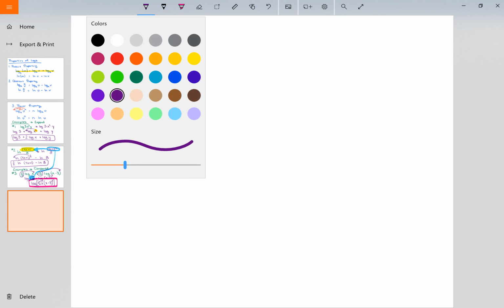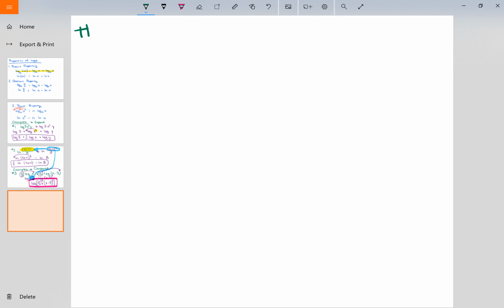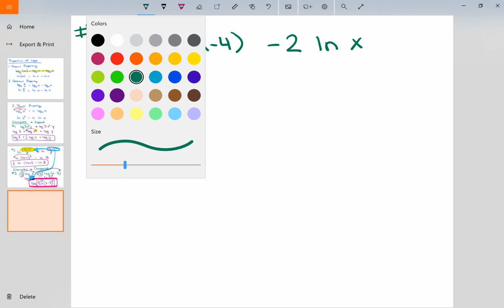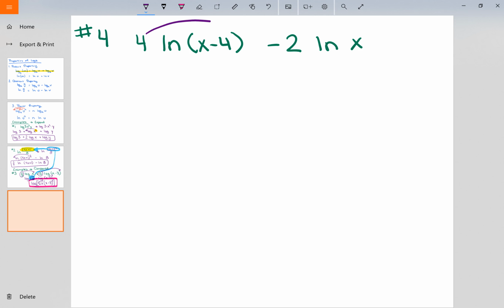Okay, let's look at another one. Call this example 4. So we have 4 natural log of x minus 4 minus 2 natural log of x. First step, power up.